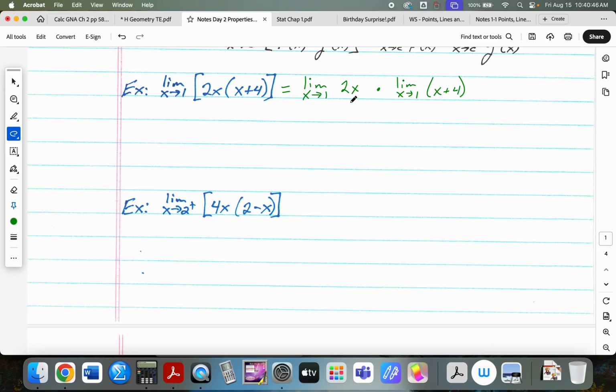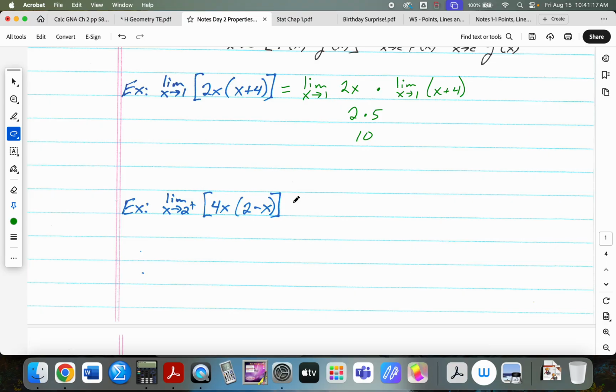As x approaches 1, what does 2x approach? 2. And as x approaches 1, what does x plus 4 approach? 5. So that's 10. I'm certainly not going to require that you show as part of your work that you have split this up this way.